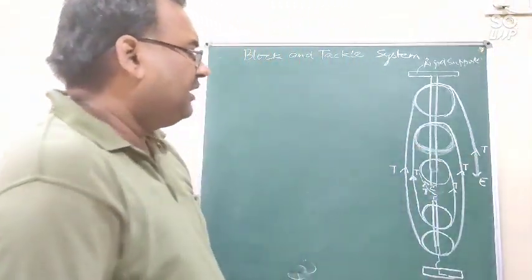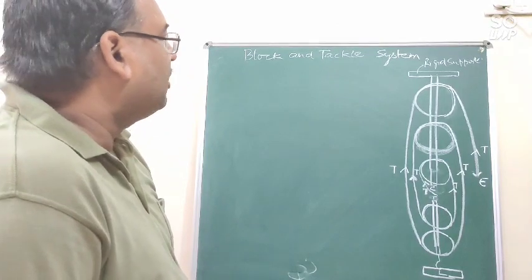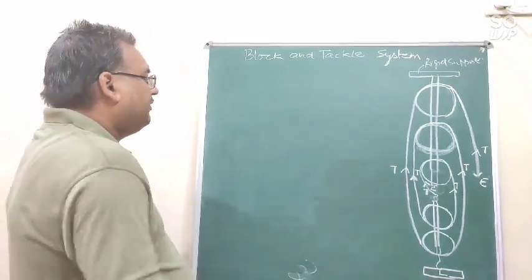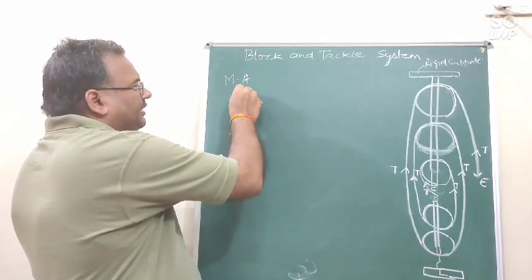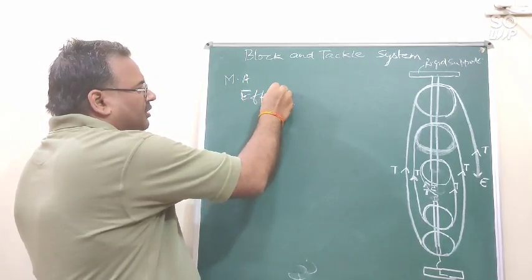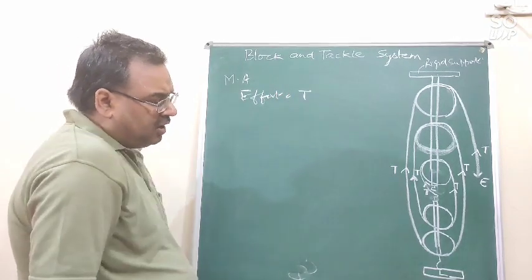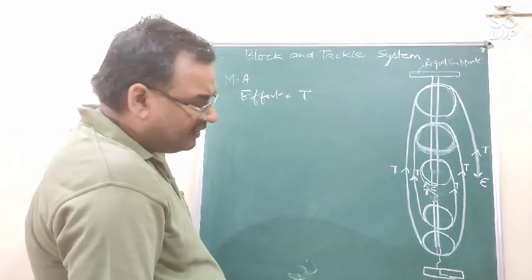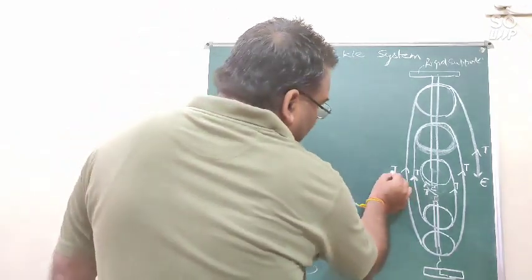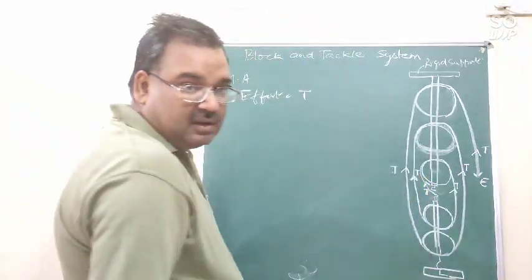Now we have to find out the mechanical advantage of this single fixed block and tackle system. Effort is equal to tension T. And how many tensions are supporting the load? There are 5 tensions: 1, 2, 3, 4 and 5.